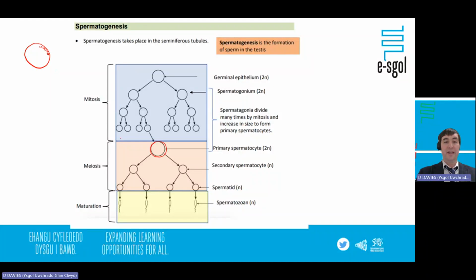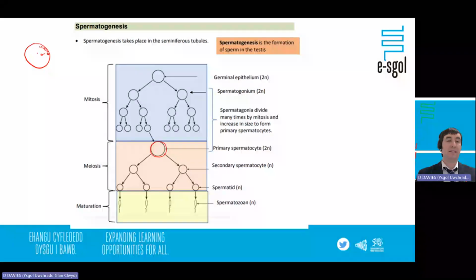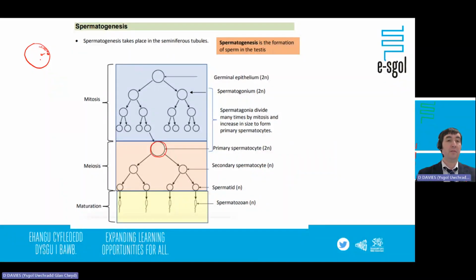Then there's a meiotic division. So that primary spermatocyte there has the diploid number that goes through meiotic divisions to produce a spermatid. By the time it gets to the lumen of the seminiferous tubule, it is called a spermatid, and that has the haploid number.